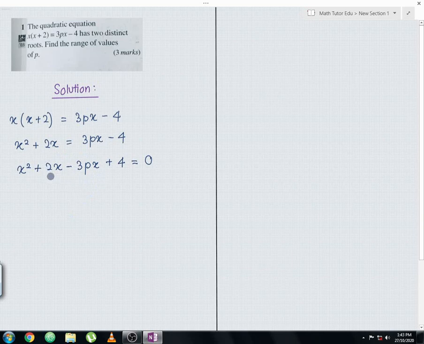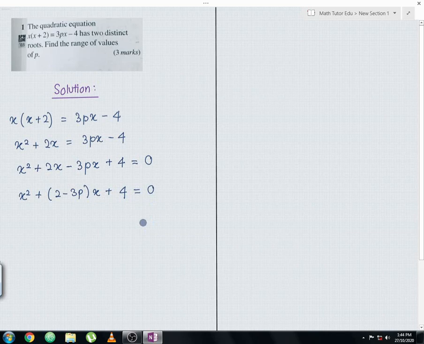So from here you should get x squared + (2 - 3p)x + 4 = 0. Okay, so this is your first step, guys.